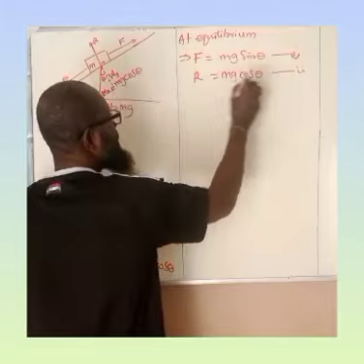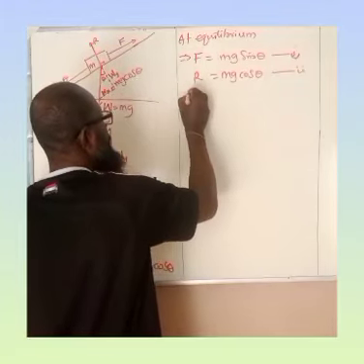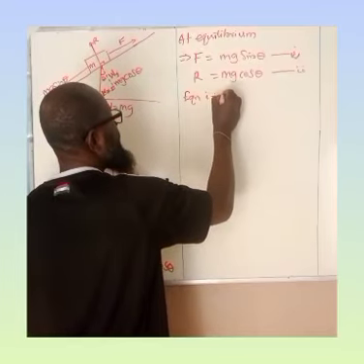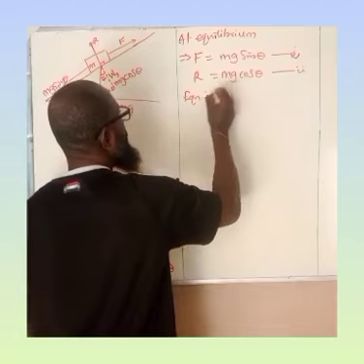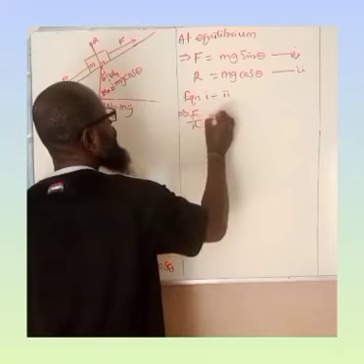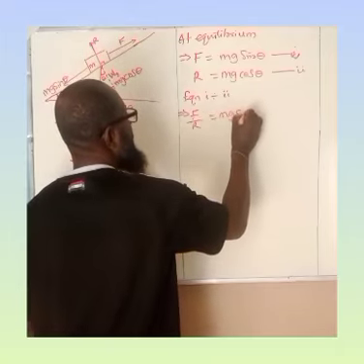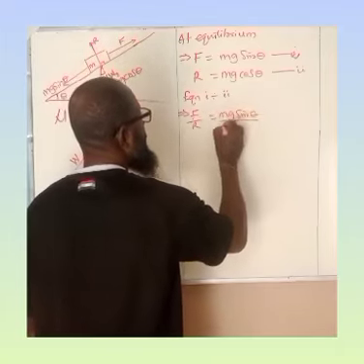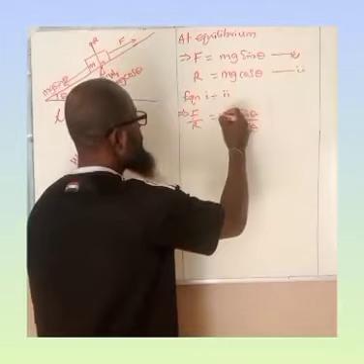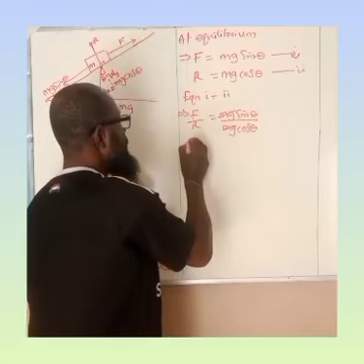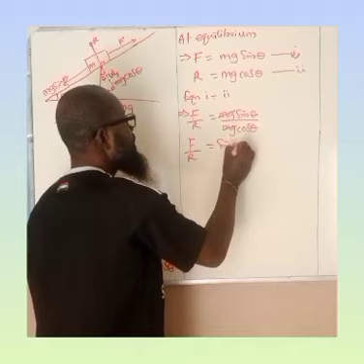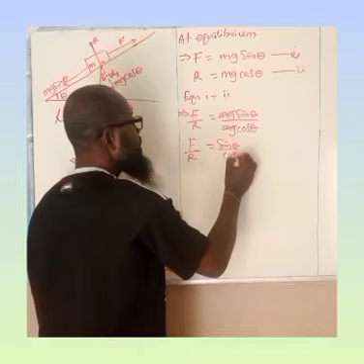Now, when we divide equation 1 by equation 2, this implies that F over R is equal to mg sine theta over mg cos theta. Here, mg sin theta will cancel mg cos theta's mg. We have F over R is equal to sine theta over cos theta.